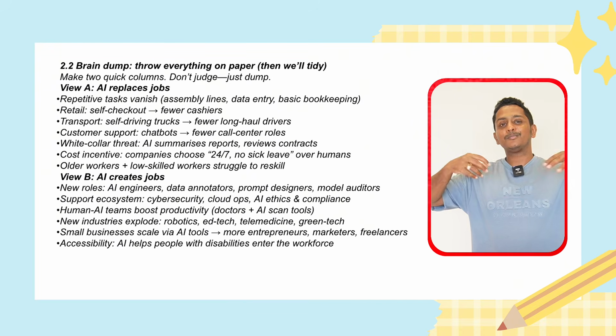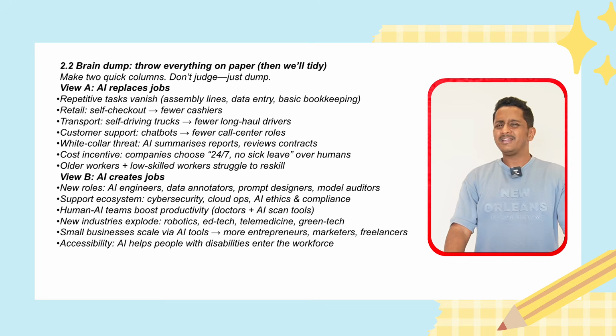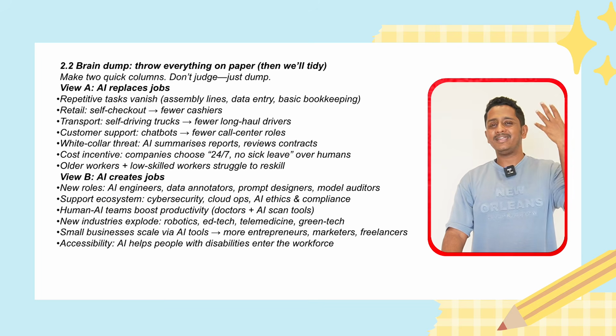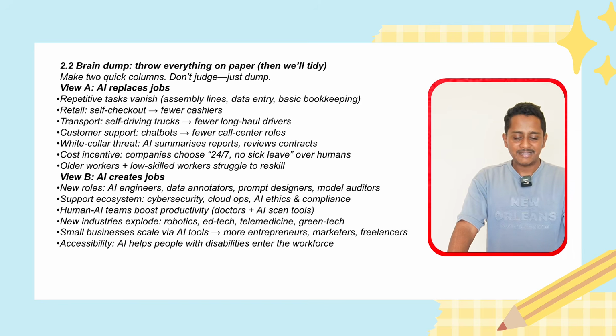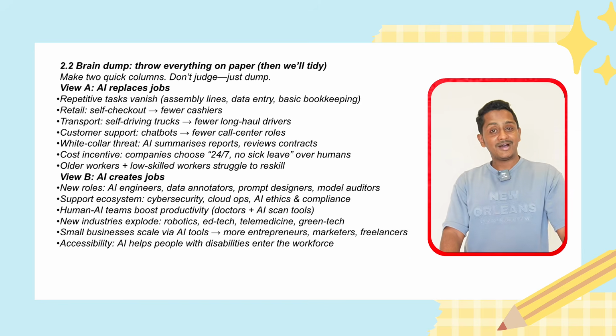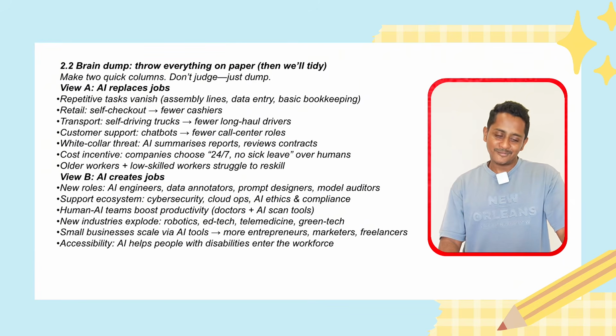So all these are the brain dump, whatever comes to your mind, just put it. Whatever it could be. It may not be right, it may not be great, it could be worse, just put it. Then small businesses scale via AI tools, more entrepreneurs, marketers, freelancers, accessibility. AI helps people with disabilities enter the workforce. Like this, a lot of things can come.